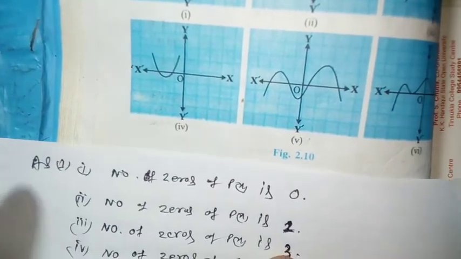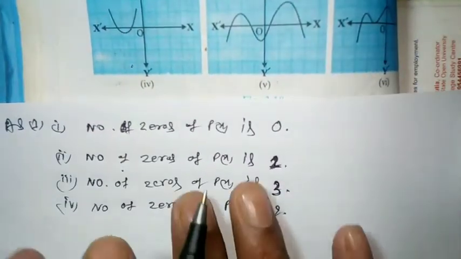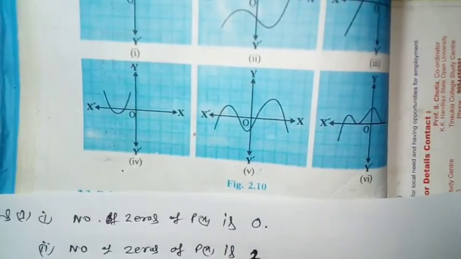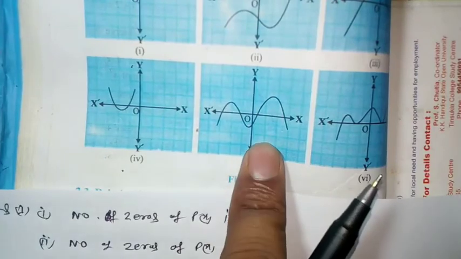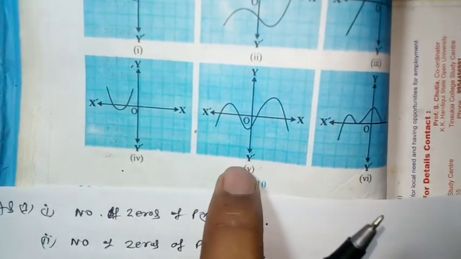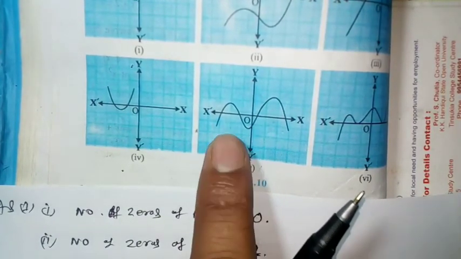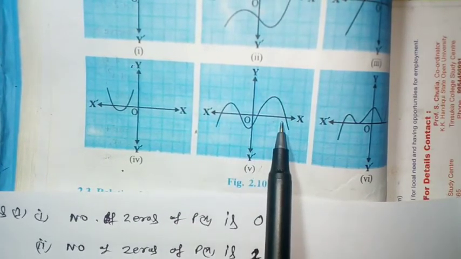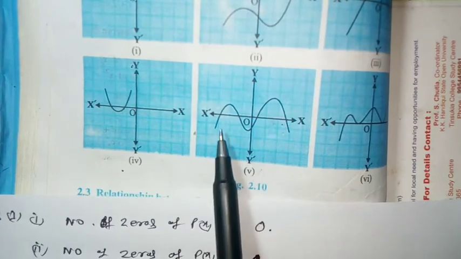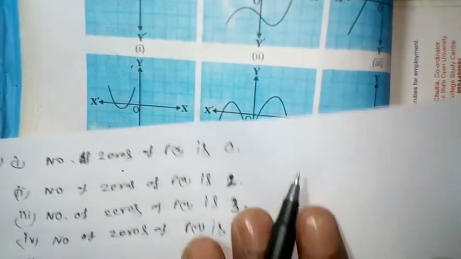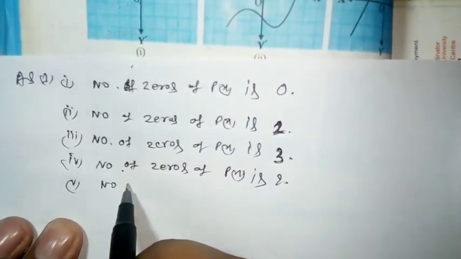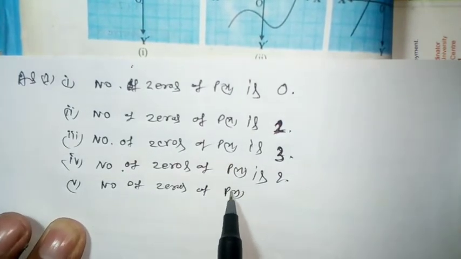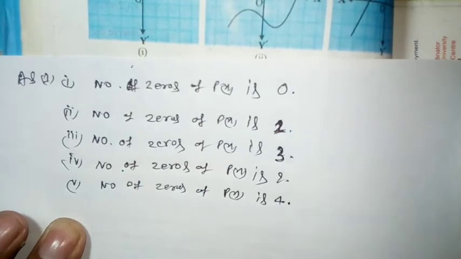Question number 5, in the given graph, the number of zeros of p(x) is 4 because the graph intersects the x-axis at 4 points. Okay, the number of zeros of p(x) is 4.